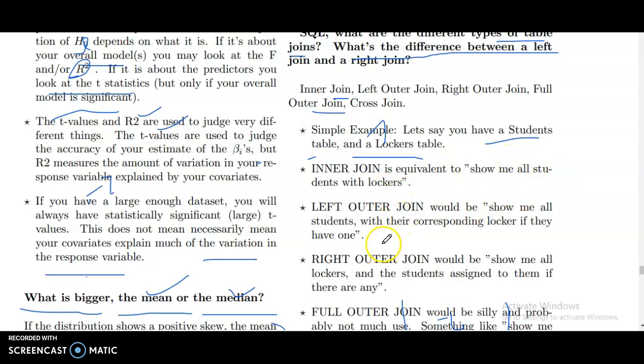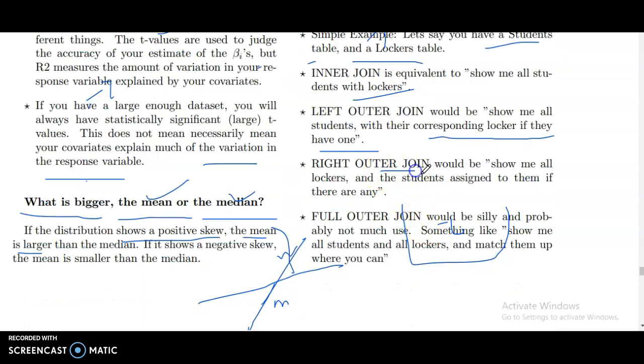Inner join is equal to show me all students with lockers. Left outer join would be show me all students with their corresponding locker if they have one. Right outer join would be show me all lockers and the students assigned to them if there are any.